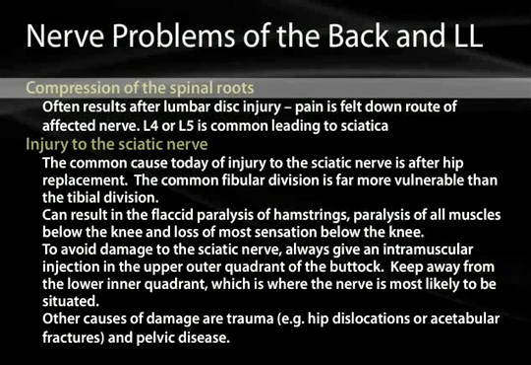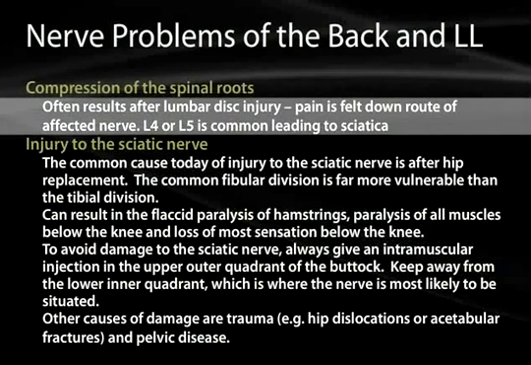Let's talk about some nerve problems of the back and lower limb, because these are going to be clinically more important for your studying of the USMLE. So what about compressions of the spinal roots? We'd oftentimes discuss the fact that compressions of spinal roots will create back problems or even limb problems that are actually back problems in disguise because they'll send shooting pain down through the limb.